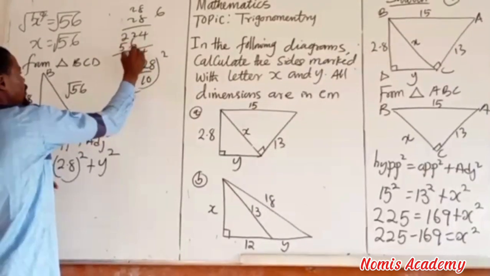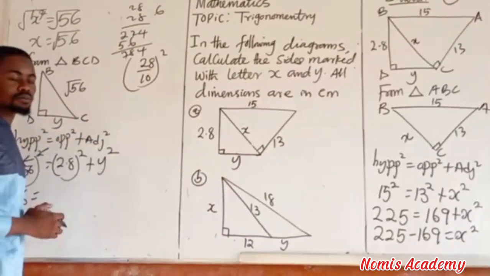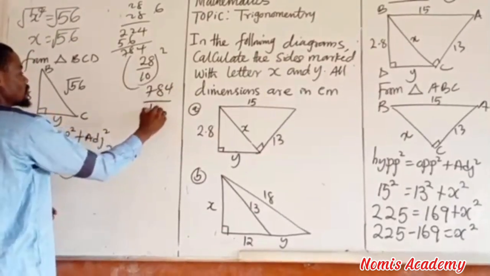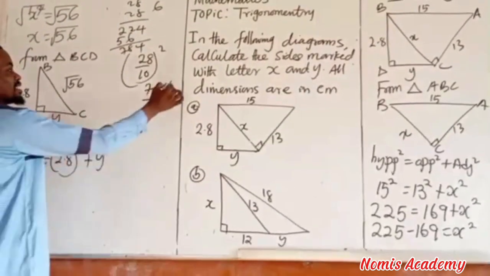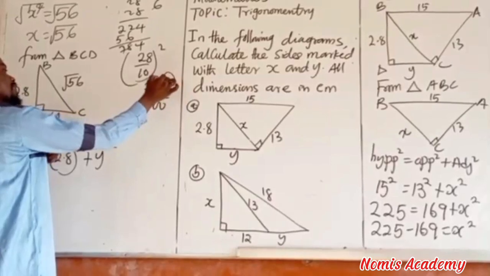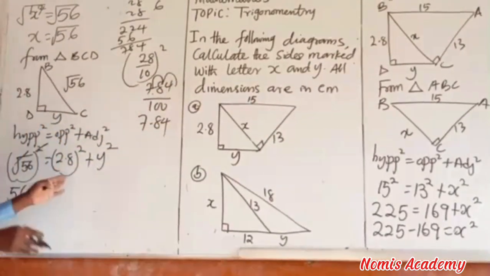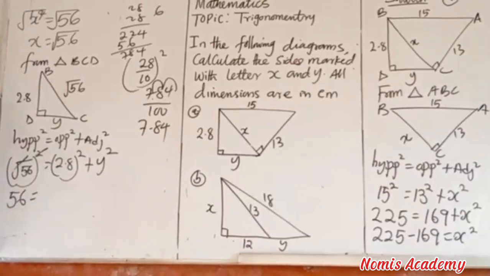We have 4, we have 8, 784. We now have 784 all over 10 times 10, which is 100. Which means this is going to shift backward two times, 1, 2, which means we have 7.84, so 2.8 squared is now 7.84.